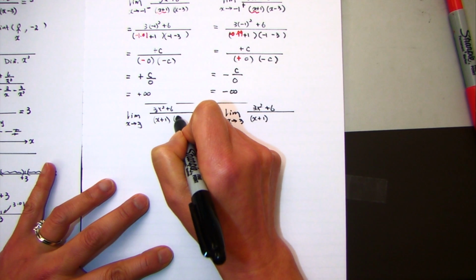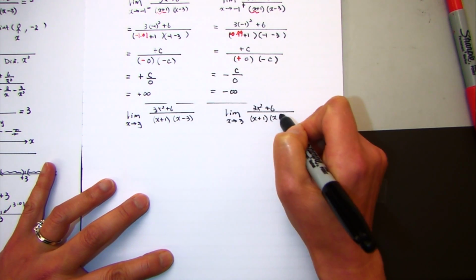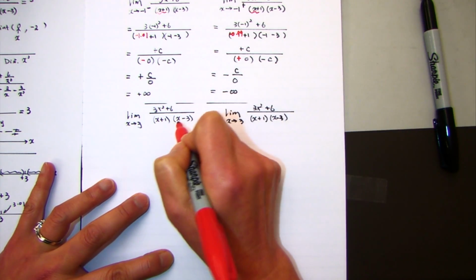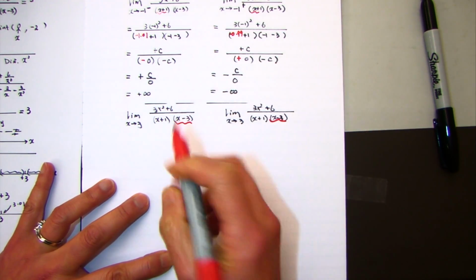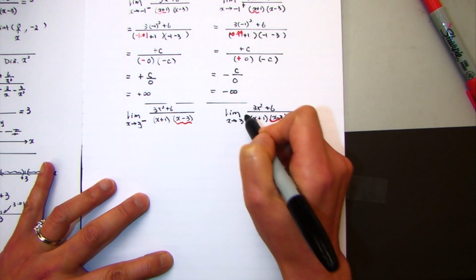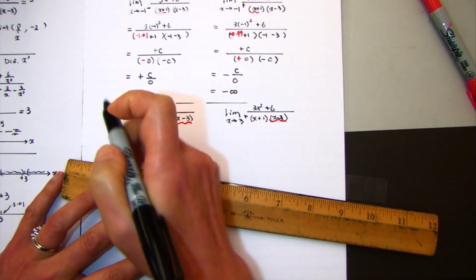Now comes the important one. And you notice that's where our 3 came from. Okay, what's the difference again? We will be coming from the left, coming from the right. Right.